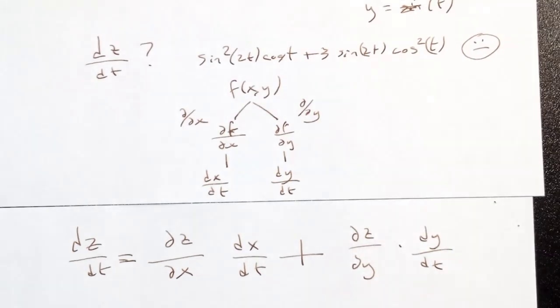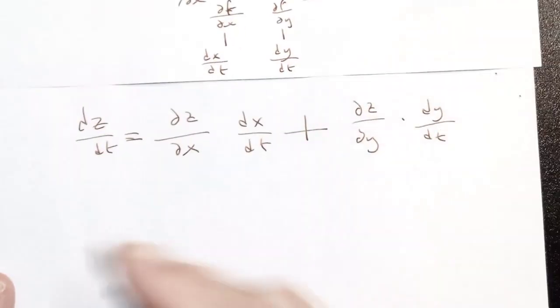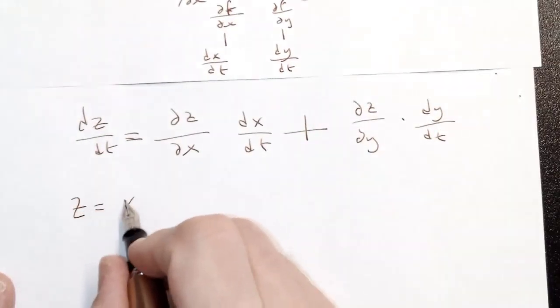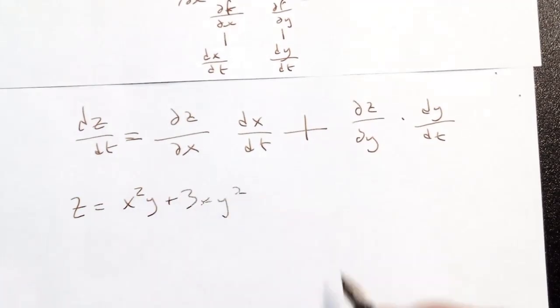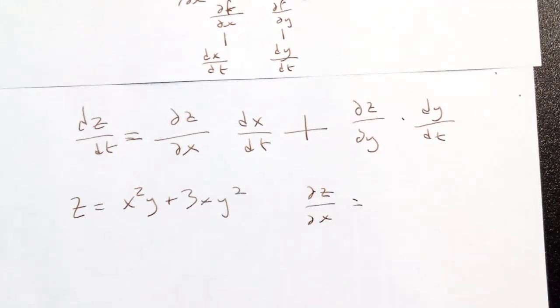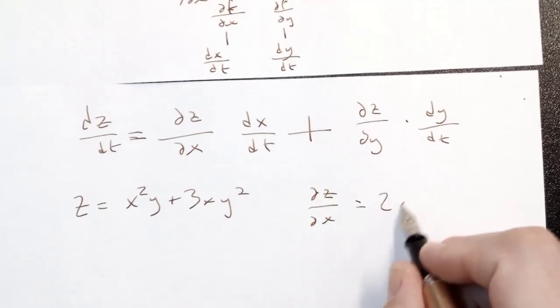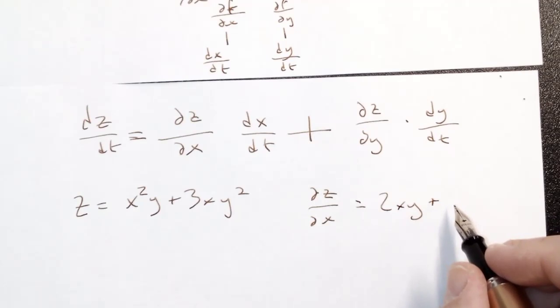So going back to our equation up at the top, where z is x squared y plus 3xy squared, what's partial of z with respect to x? So it's 2xy plus 3y squared. Careful. Sorry, 3y squared.